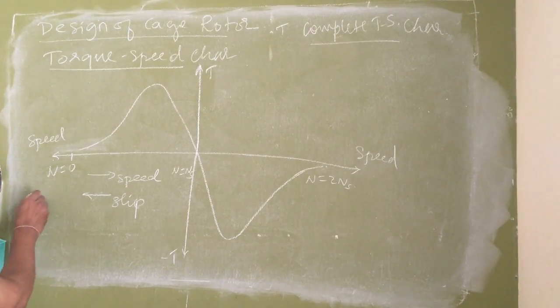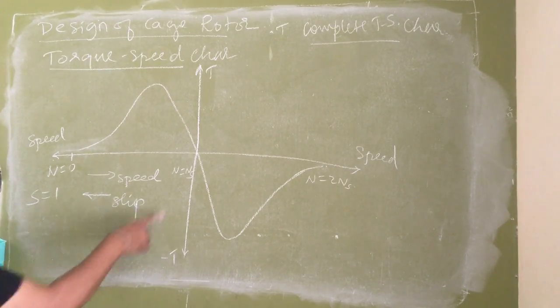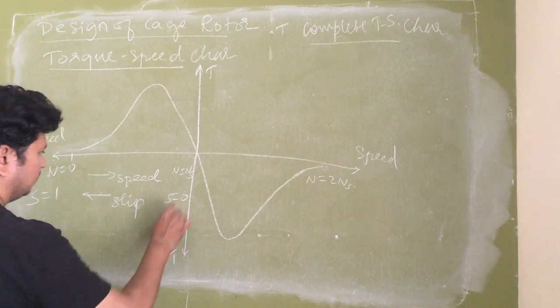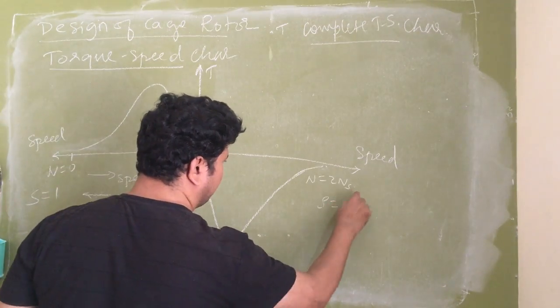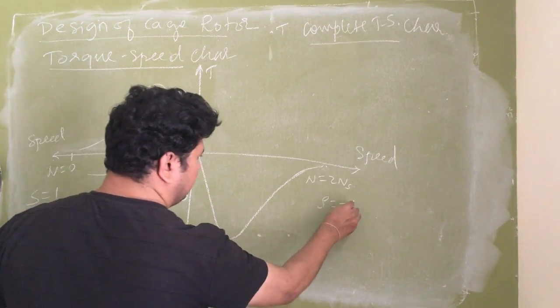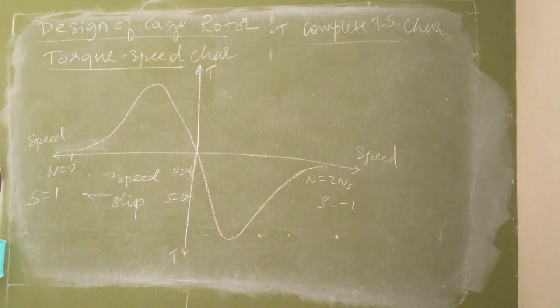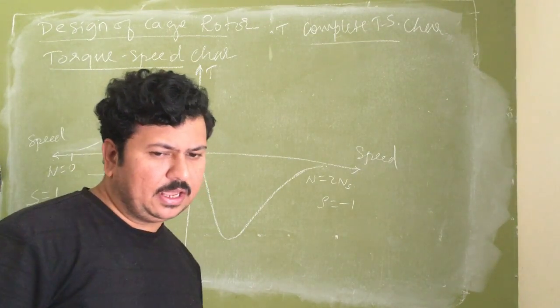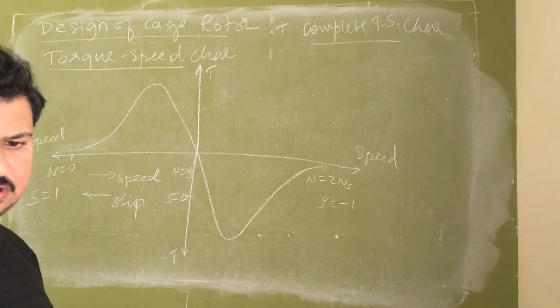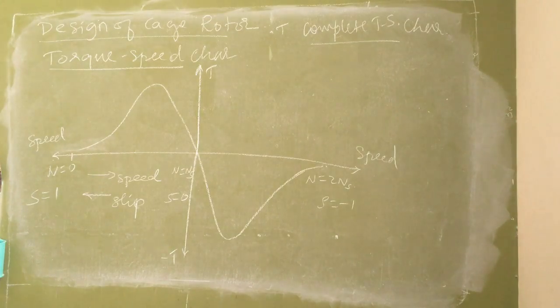So with this N equal to 0, S equal to 1, N equal to Ns, S equal to 0, and this S equal to -1. So the range of slip is +1 to -1, that is 2. Now this is how the torque speed characteristics of the induction motor is drawn.